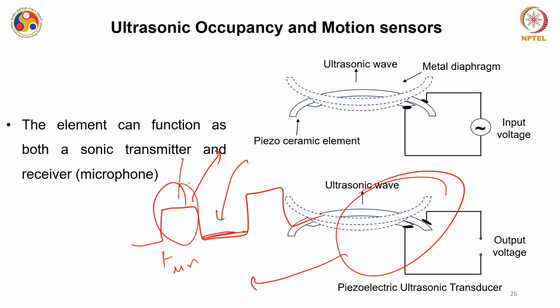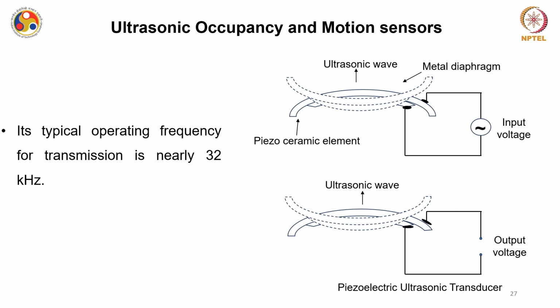So you have transmitted, the time it takes to go to the object and come back can be compensated in between this. So in one pulse it is transmitting, here it is receiving. So the same unit can be used for both purposes. Usually its operating frequency for transmission is nearly 32 kilohertz. So mostly these devices work around 32 to 40 kilohertz.